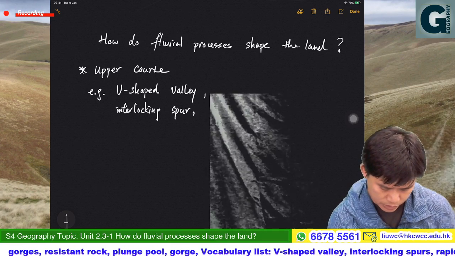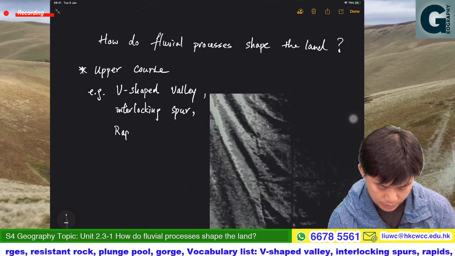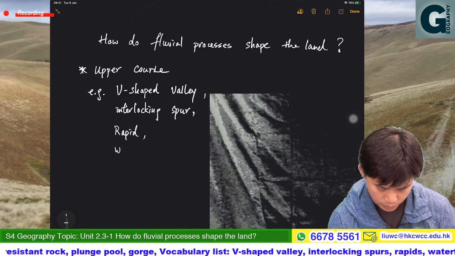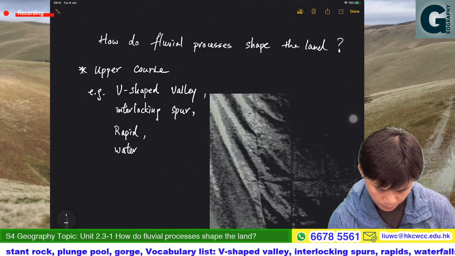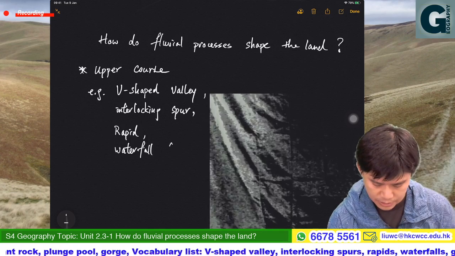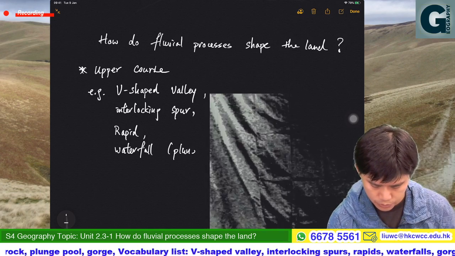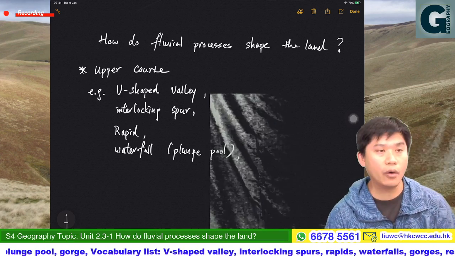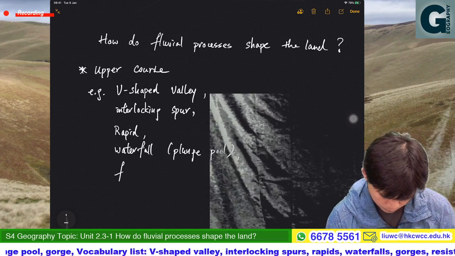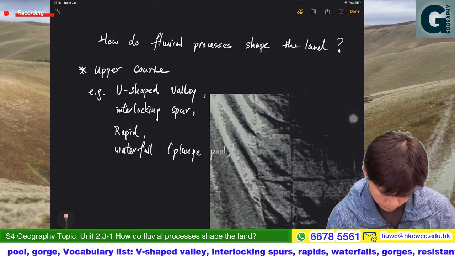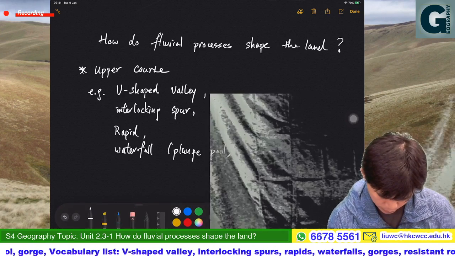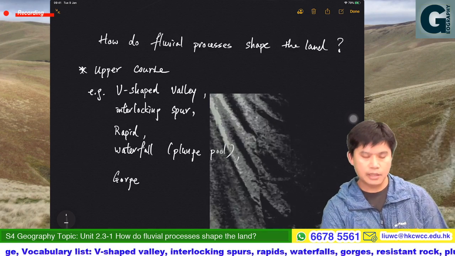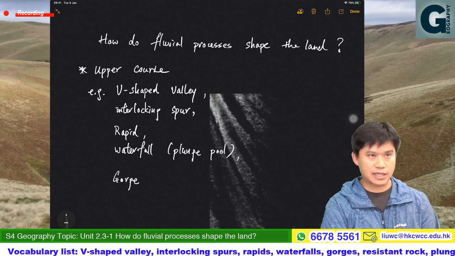We have also learned the rapids, waterfall, together with the plunge pool, and also a gorge.